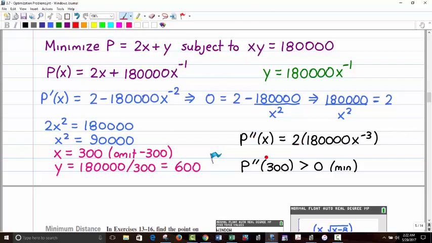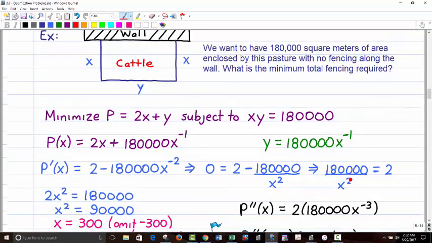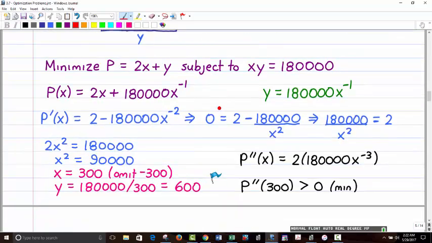So the numbers worked out pretty well. I did the second derivative test for this one, and it was positive, and that guarantees it's a minimum. But like I said, that didn't have to be done. So we would want to get the least amount of fencing and still get 180,000 square meters of area. We want 600 on the long side and 300 on the two short sides.